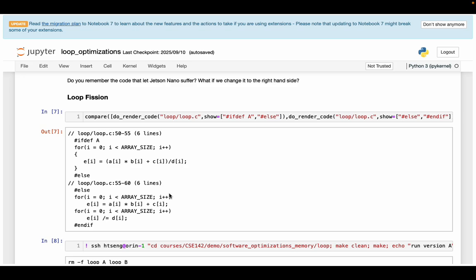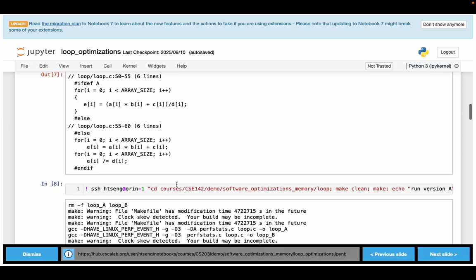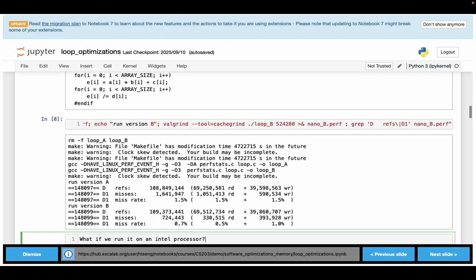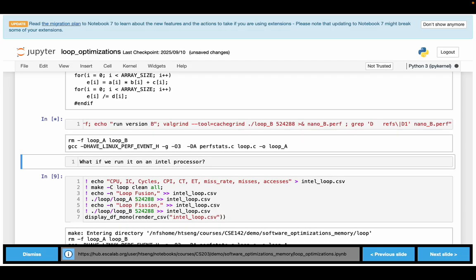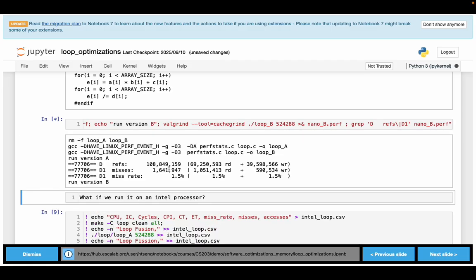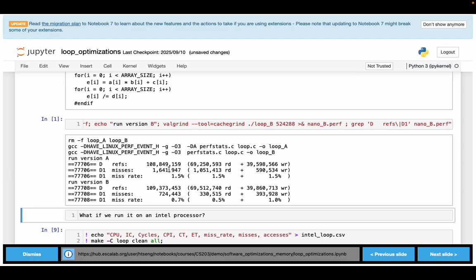Yes, right? Okay, but what about their cache behavior? So now, let me run this demo real quick with Valgrind. As you can see, with version A, we have a 100% miss rate in the loop.